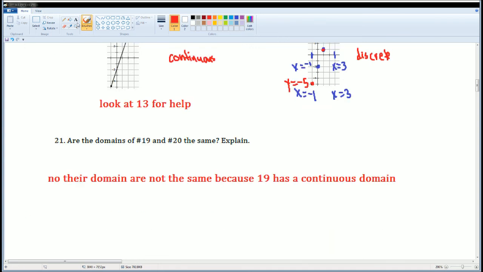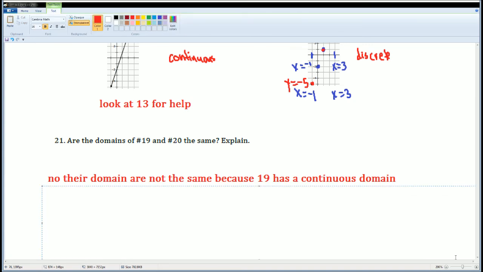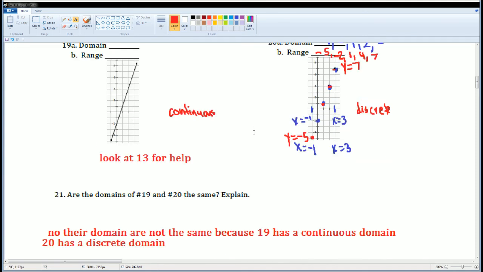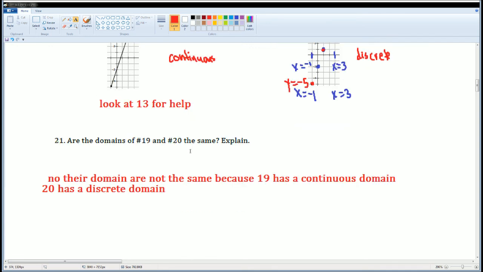And I would also include that 20 has a discrete domain. Okay. All right, so that's the difference between 19 and 20. They look the same, but 20 is discrete, 19 is continuous. That's how it actually would affect the domain and range.